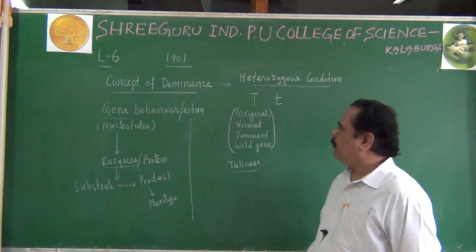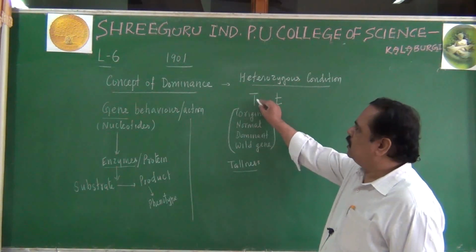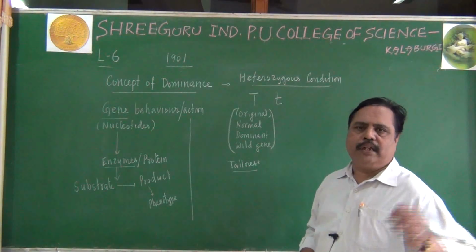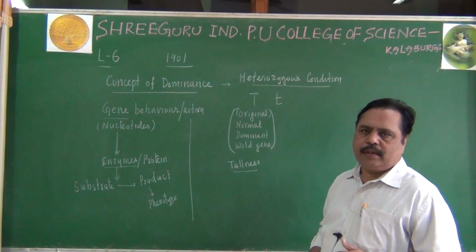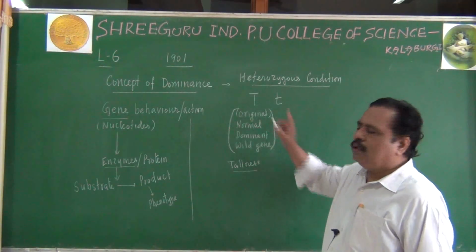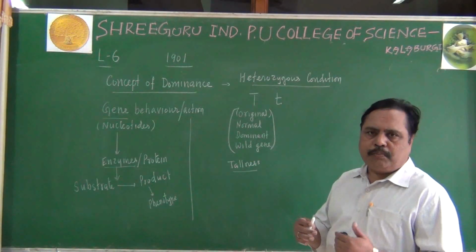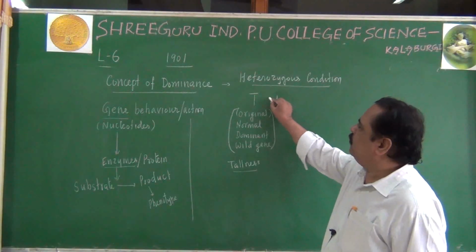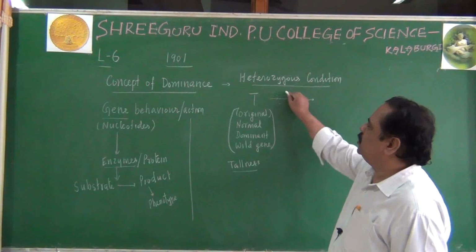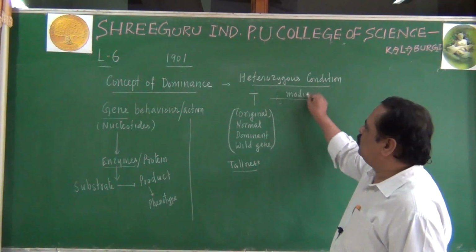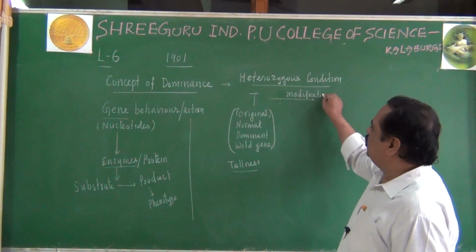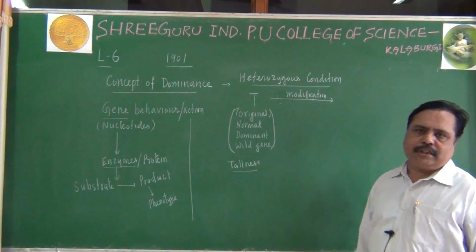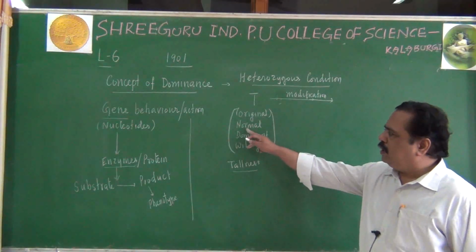Now imagine when this capital T is undergoing inheritance for several years, several generations, due to evolution, due to a point called mutation, this capital T will undergo a modification. It will undergo some modification and it will produce its alternate version in the population. See, it is the wild type.